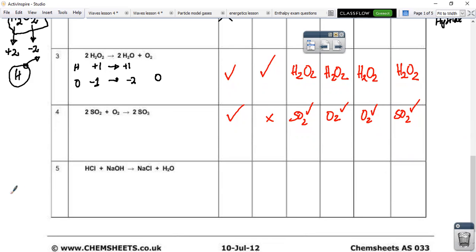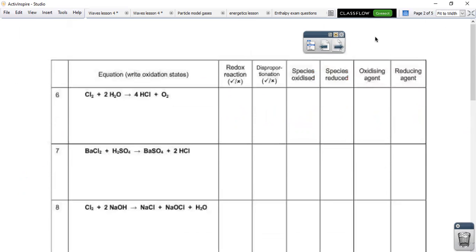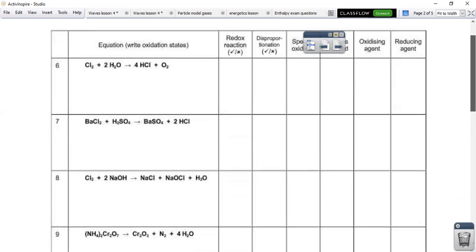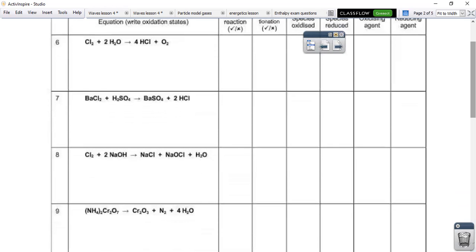So I'll leave this as a bit of homework. If we go to the next page, we've got this one here, number 9.